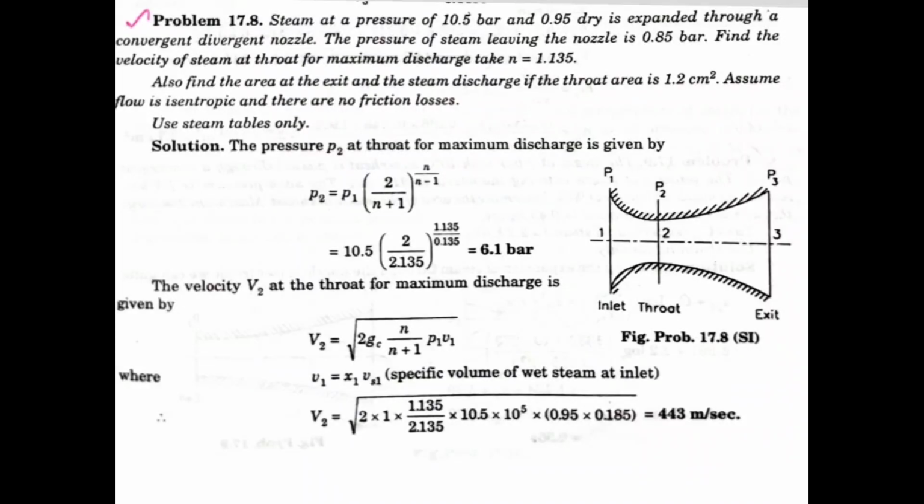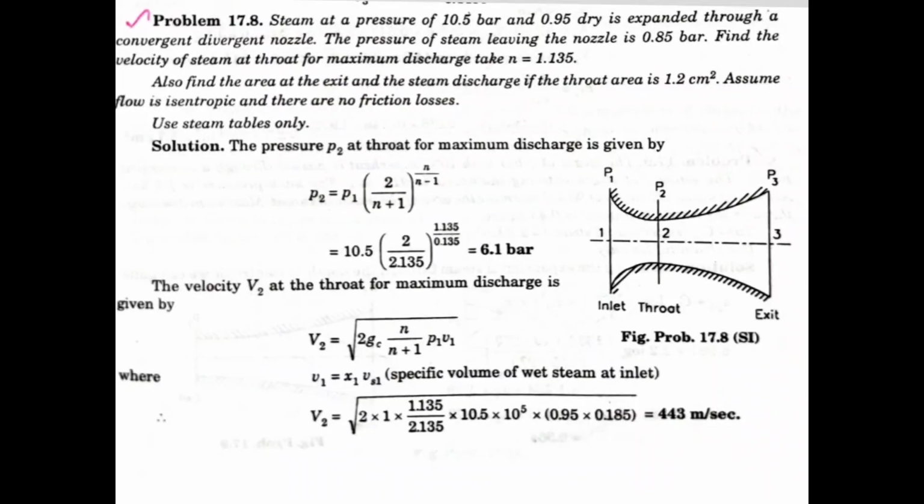In steam nozzles we have three types of problem: one is convergent, another is divergent, and another is the combination of convergent and divergent nozzle. First of all, we have to find out which type of nozzle. This problem is the convergent divergent nozzle.